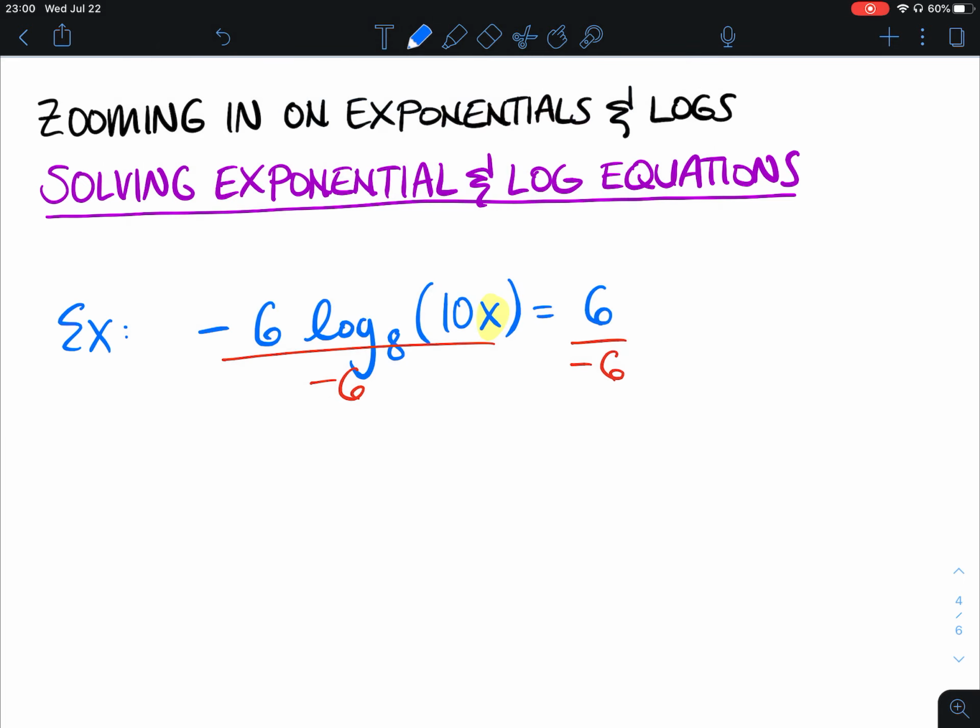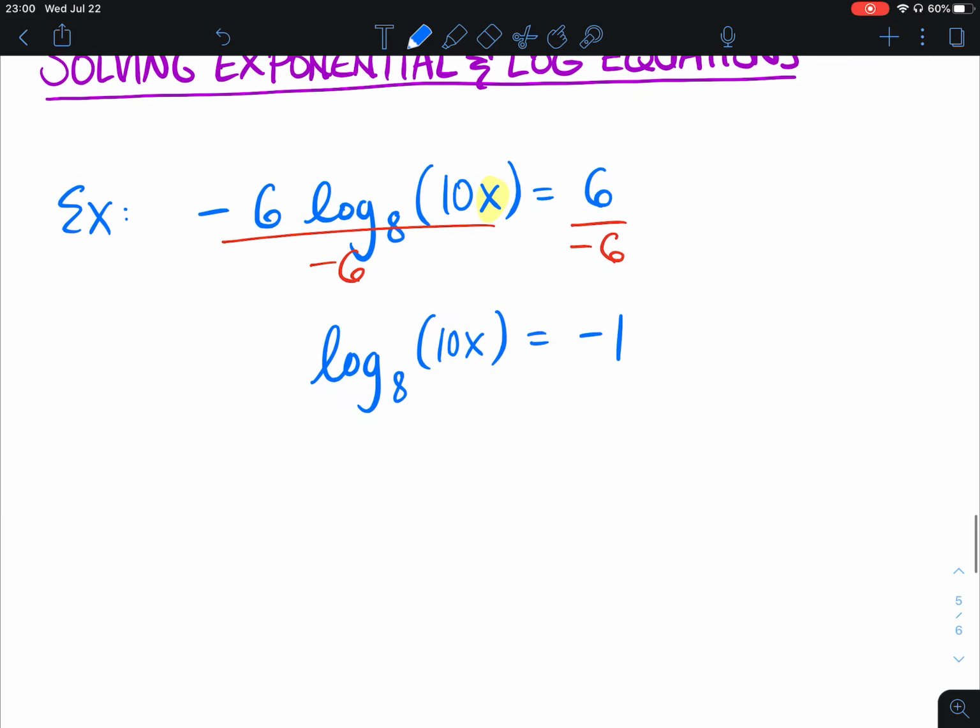So by dividing by -6, now the left-hand side is log base 8 of 10x. And on the right-hand side, we get equals -1 now. Log base 8 of 10x equals -1. In that line, I feel like my x, the variable I'm trying to solve for, is fairly locked up.